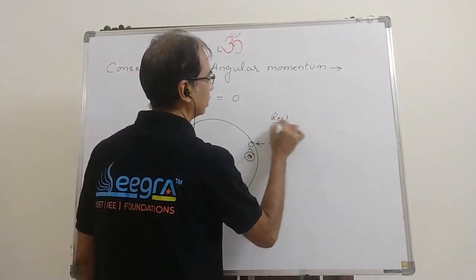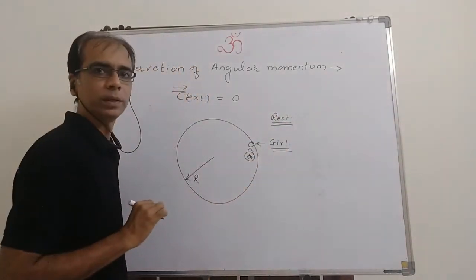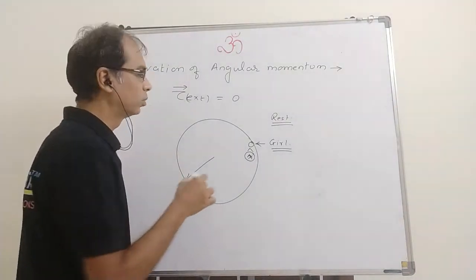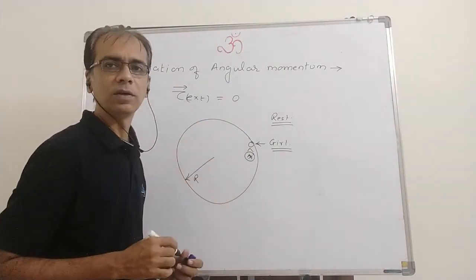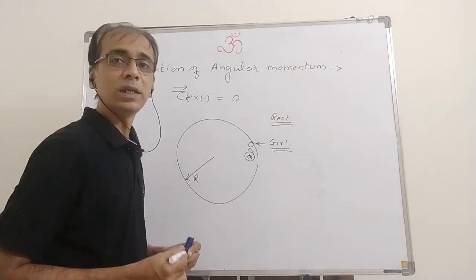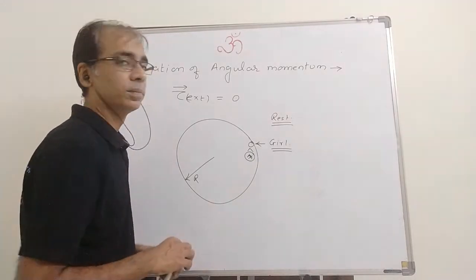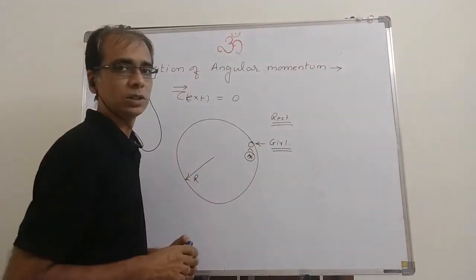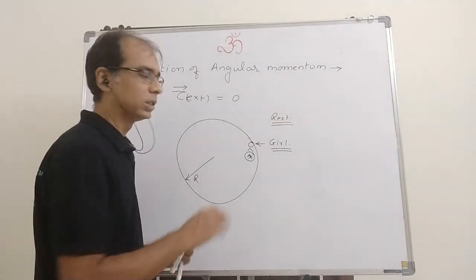Now, all of a sudden, the girl started moving along the circumference, along the periphery of the disk. So the question is, after what time will she be back on this cross?